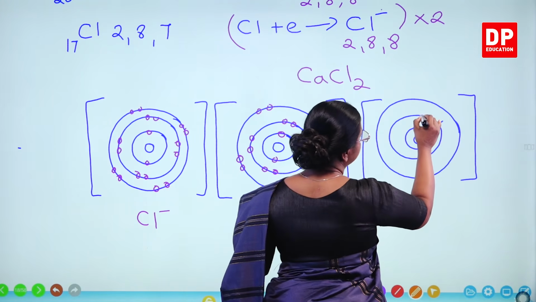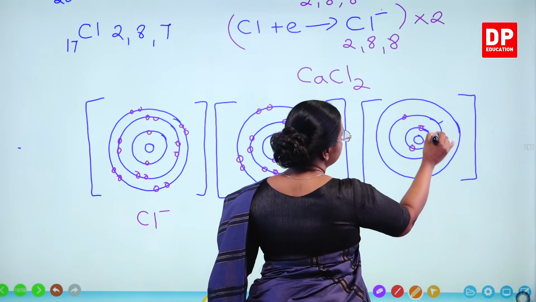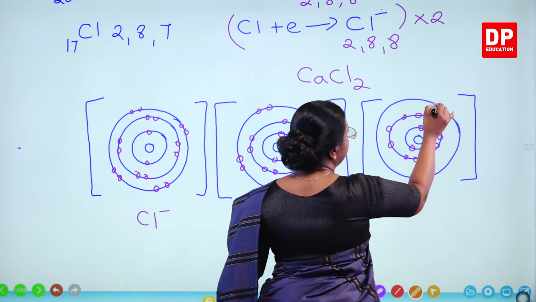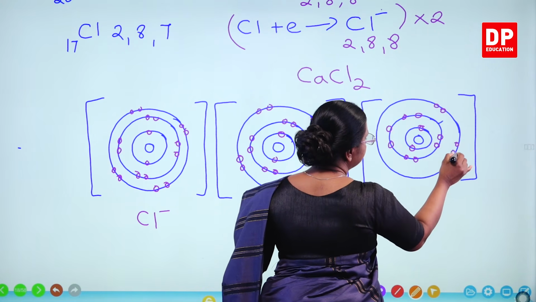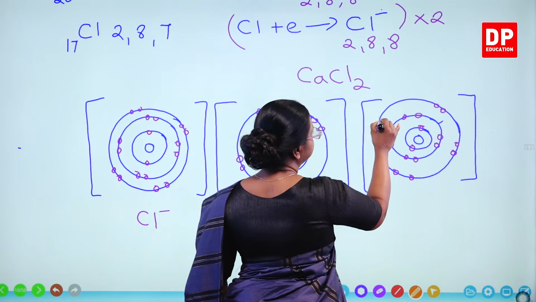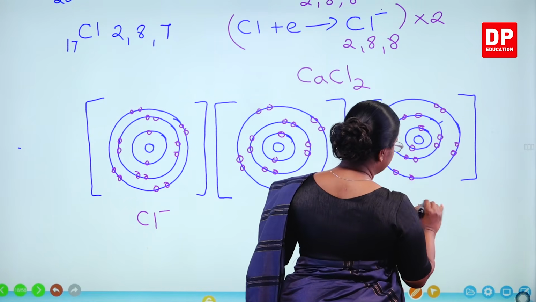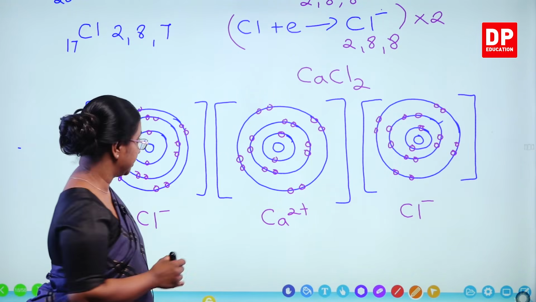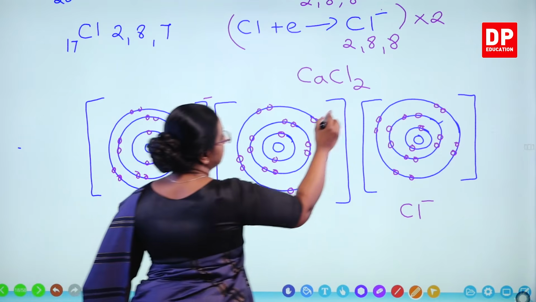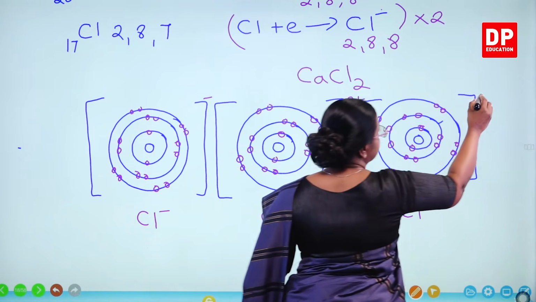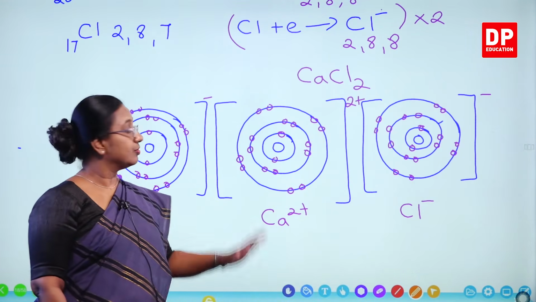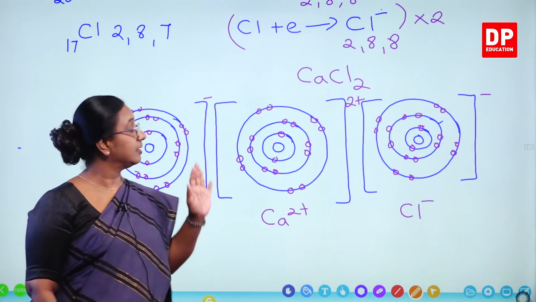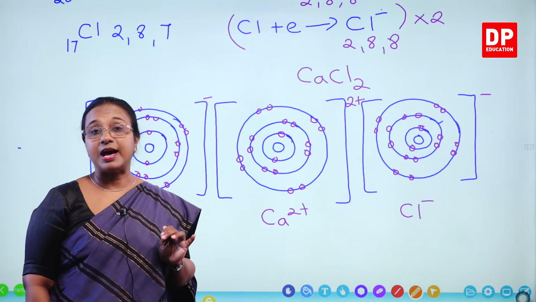And here we have another chloride, 2, 8 and 8 electrons in the third energy level. So this is Cl minus. What do you need to write now? You have to show the charges. Cl minus, Ca2 plus and Cl minus. So that is how you indicate the ionic bond between calcium ion and two chloride ions.